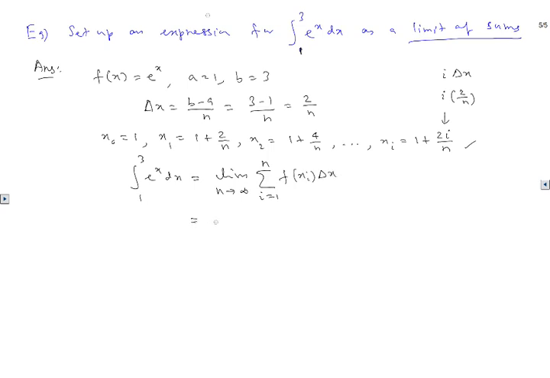Just need to plug in: limit as n goes to infinity, sum with i going from 1 to n, the function f. What are you going to do? xi is 1 plus 2i over n.